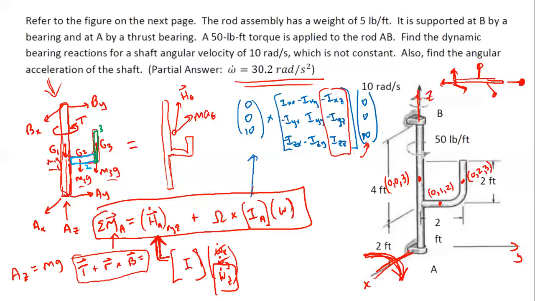Okay, and then don't forget, you also still are going to have to do some of the forces, right? The sum of forces is going to equal mass times acceleration of the center. In this case, you actually do have a force, because this thing is not symmetrical about the axis AB, so you're going to have some sort of force.